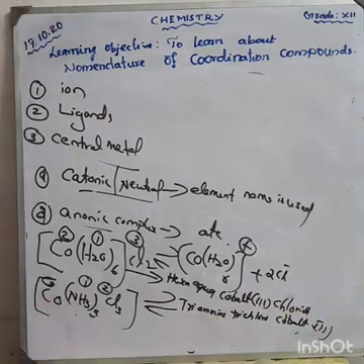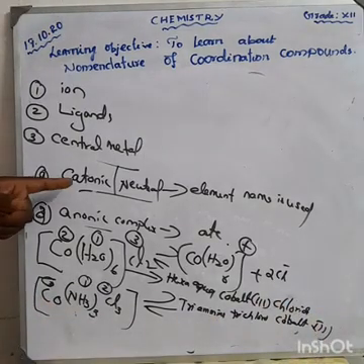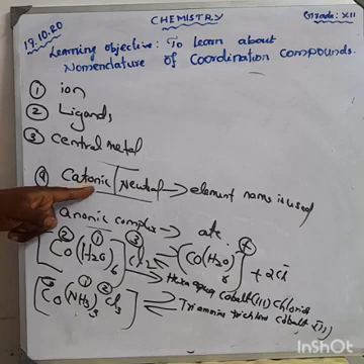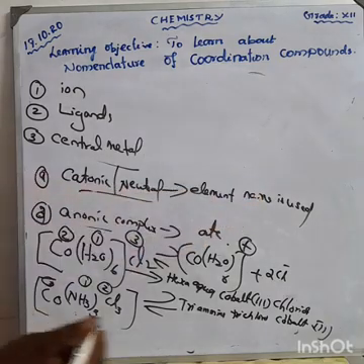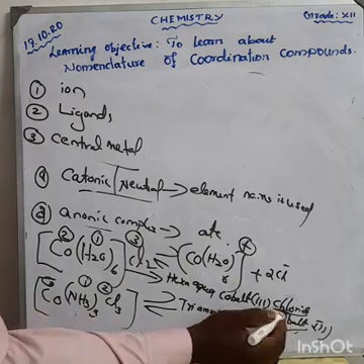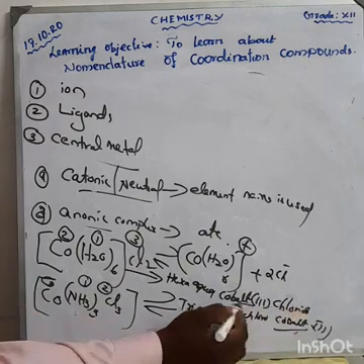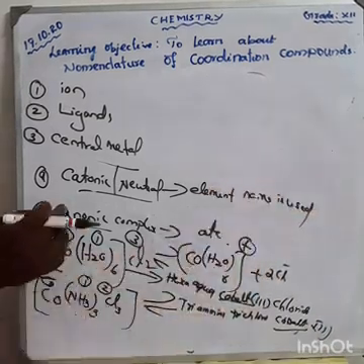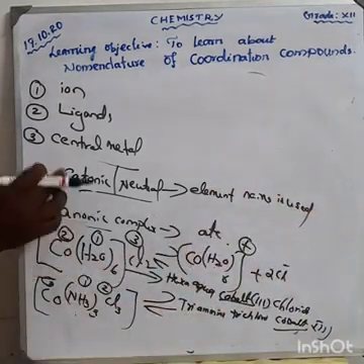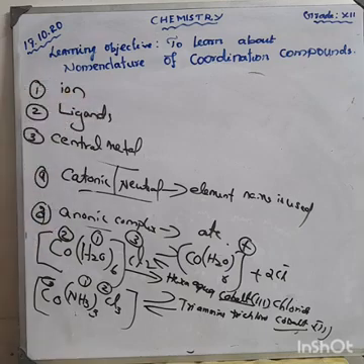Can you understand? For the cationic and neutral complex, the element name is used. The element cobalt we use, and we should not write any ate. But for the anionic complex, we use ate.